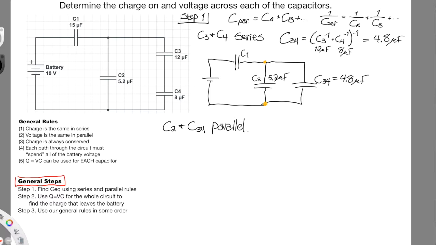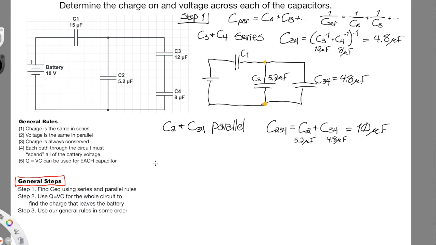If we combine them, we're going to get what I'll call C234, or the combination of capacitors 2, 3, and 4, which will be C2 plus C34. Based on our numbers, C2 is 5.2 microfarads, C34 is 4.8 microfarads, so we get a value of 10 microfarads for C234.